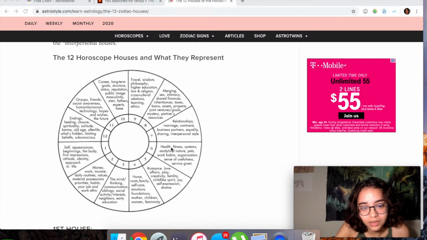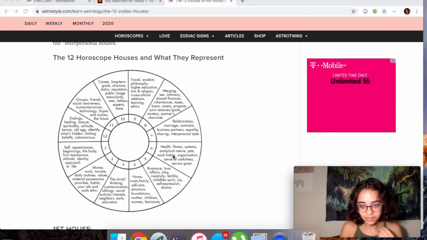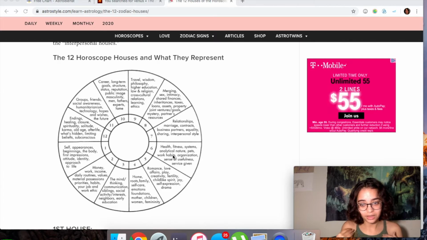This house also rules your health. Virgo, the sign, the earth sign, is so analytical. It's constantly paying attention to what they're eating. Like me, myself, I'm a Virgo.